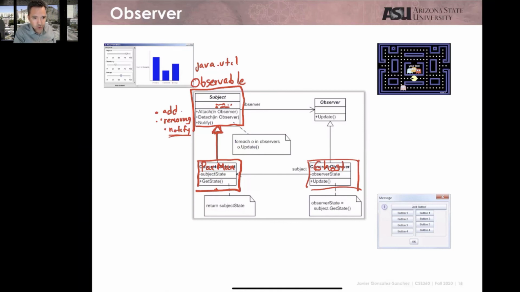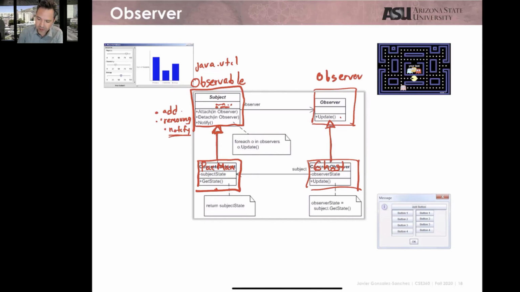What I am going to do with that class is implement a particular, usually an interface. In Java, this one is an interface, Observer. That interface, also in the Java util package, defines a particular method, the method update. It's an interface, so the method update is empty.